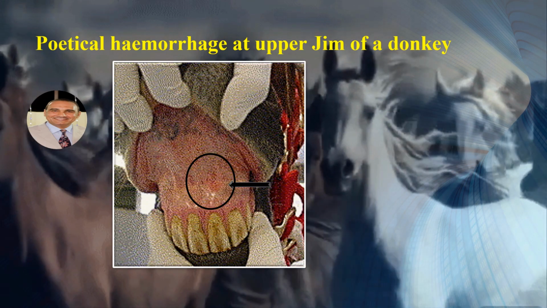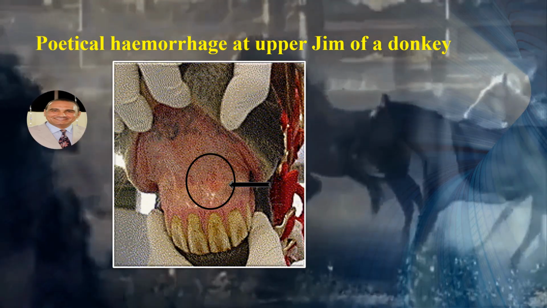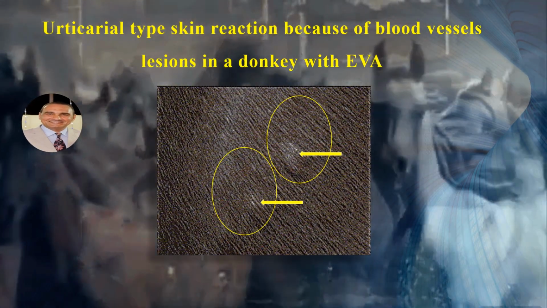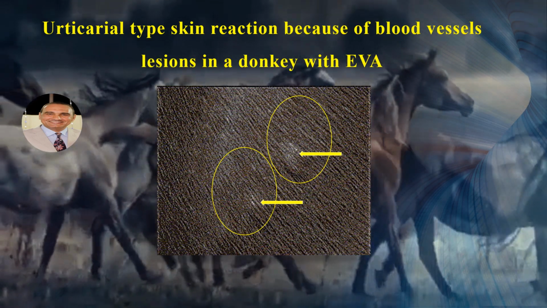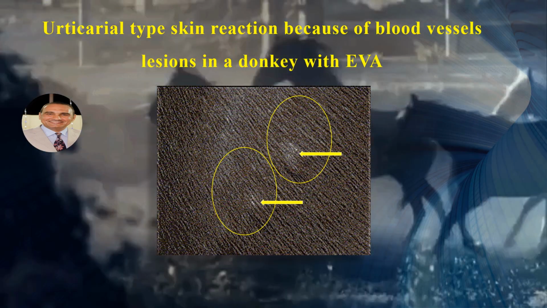Petechial hemorrhage at the upper gum of a donkey diseased with equine viral arteritis. Urticarial type of skin rash because of blood vessel lesions in a donkey infected with equine viral arteritis.